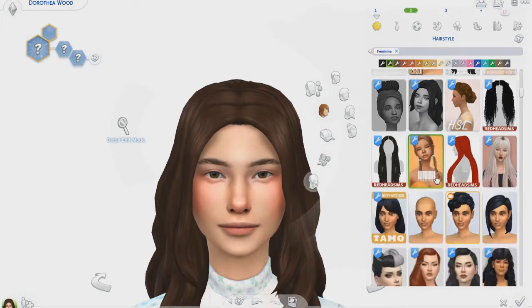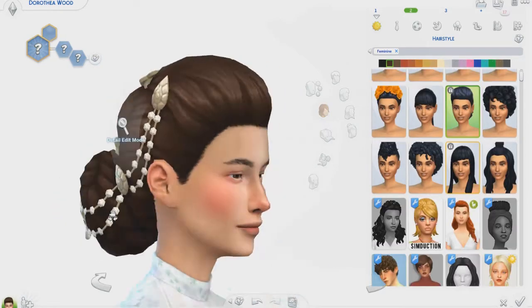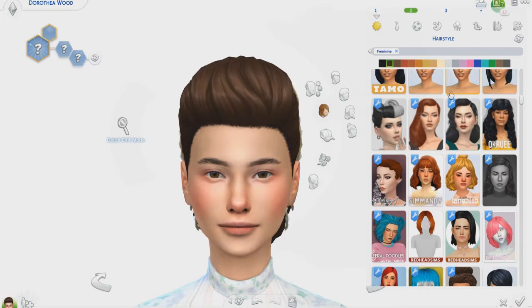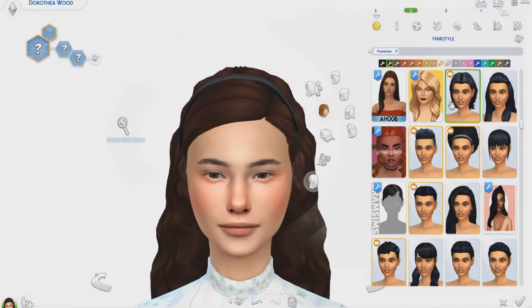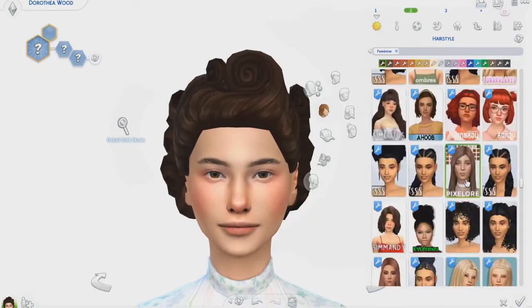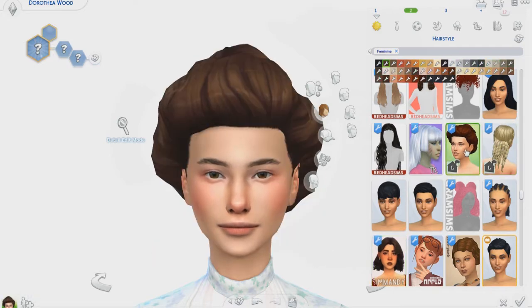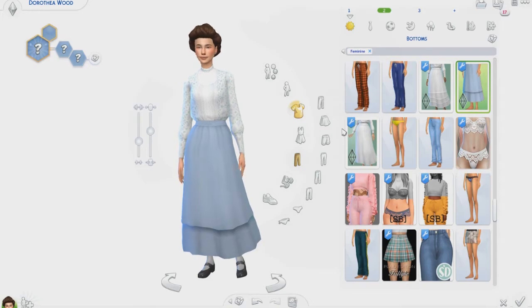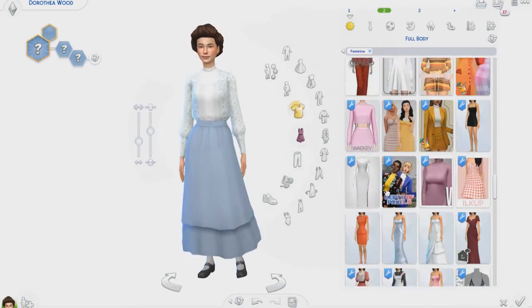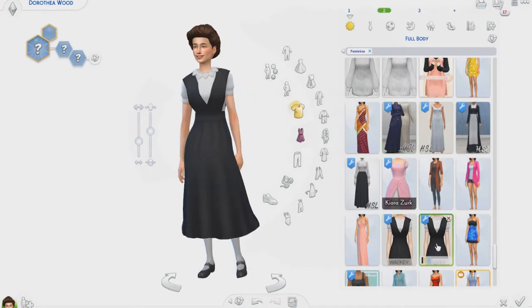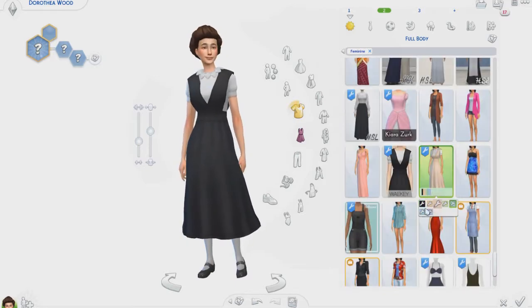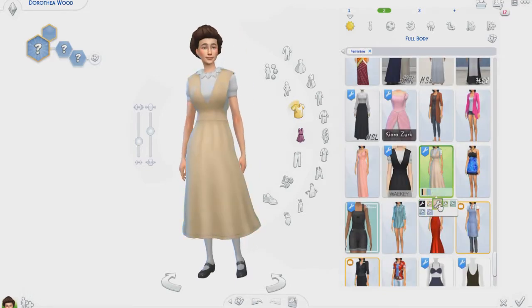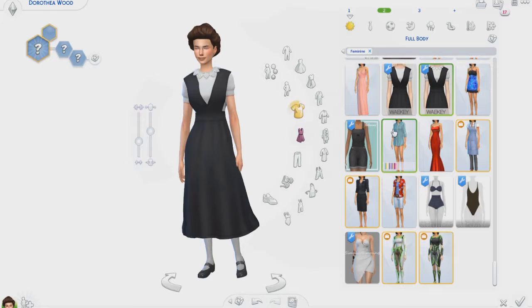I put some pictures of Dorothy on my Twitter page, and these pictures represent the kind of pictures that would have been taken. So Dorothy is a maid. On Pinterest I researched 1910s maid pictures, and I saw a lot of them were full body pictures.